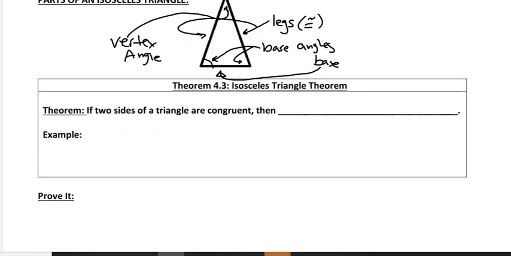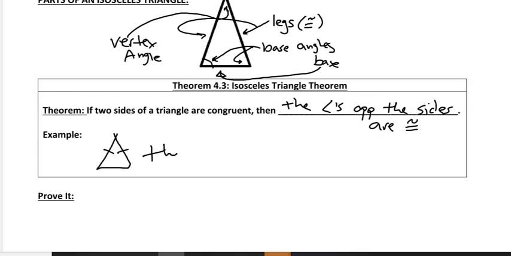It says if two sides of a triangle are congruent, then the angles opposite the sides are congruent. So here is what the actual theorem says. If those are congruent, then those are congruent.